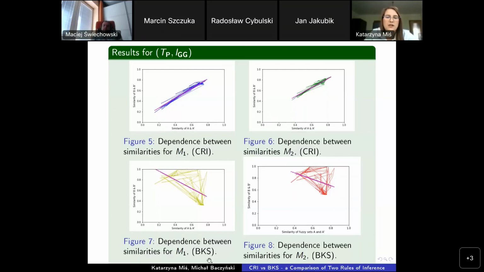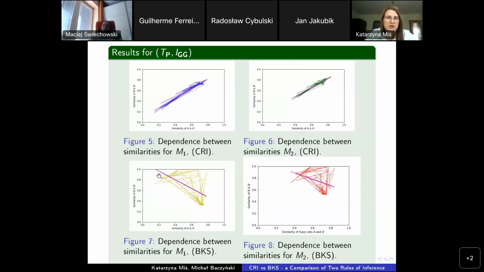However, if we use the Bandler-Kohout subproduct, the values are not so ordered as in the previous cases, because as you can see on figures 7 and 8, there are sometimes different situations, but the general rule is according to this magenta line.